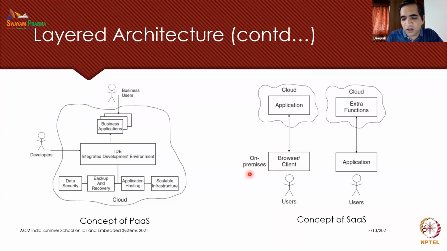On premises, or in some office setup, you would have users who would be using some browser as a client, and they would be accessing the application which is actually running on the cloud. So this is one kind of software as a service that we see quite a lot.